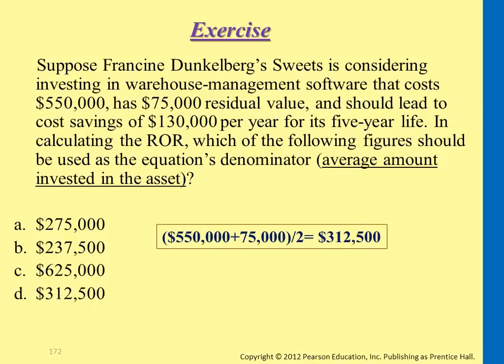This answer I already gave you. Basically, you're understanding per dollar of average investment in the asset, how much operating income you're getting on average on a yearly basis. If this question was asking you for the numerator, it would be the average operating income you're getting every single year.